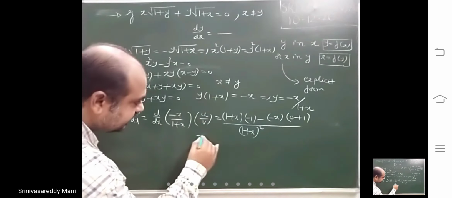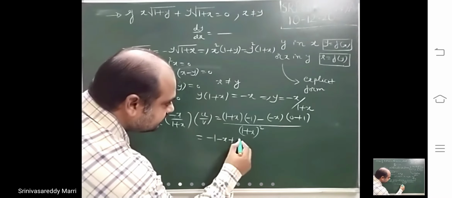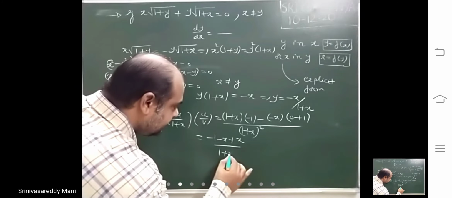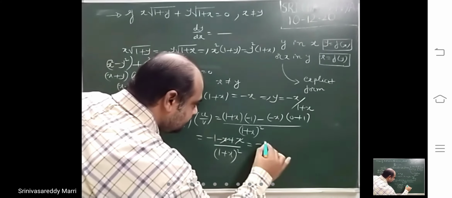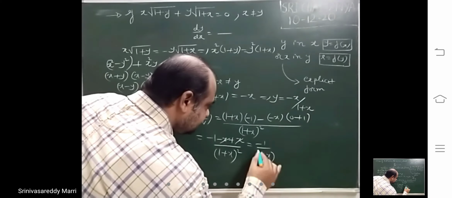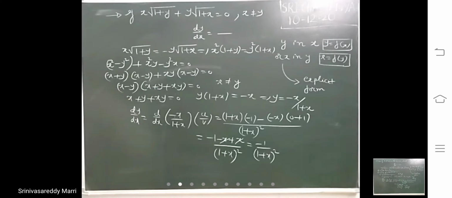So you will get minus 1 minus x plus x divided by 1 plus x whole square. So what is the answer? Minus 1 by 1 plus x whole square.